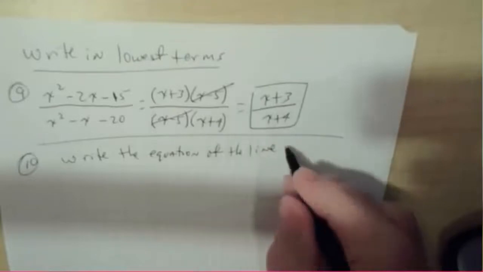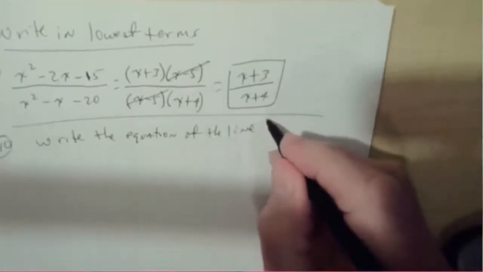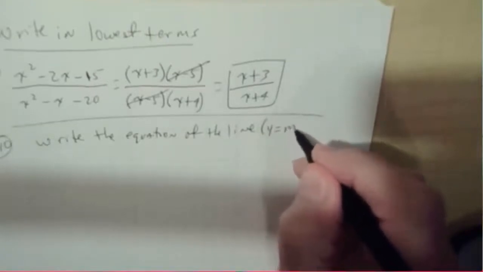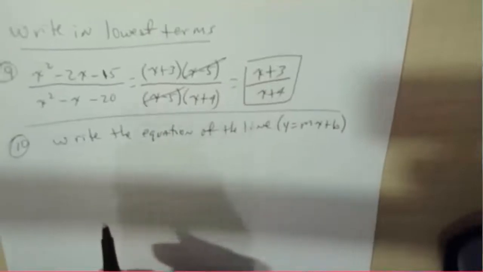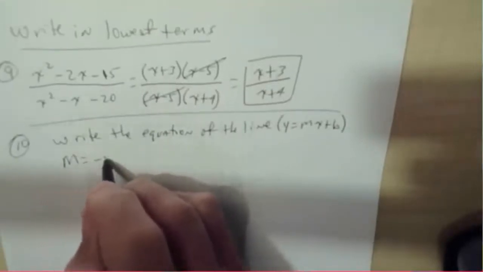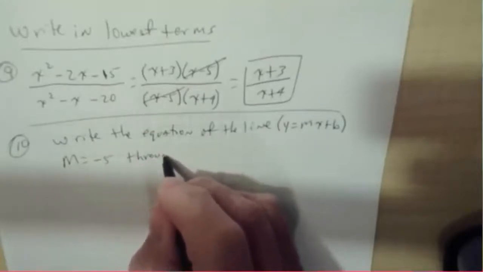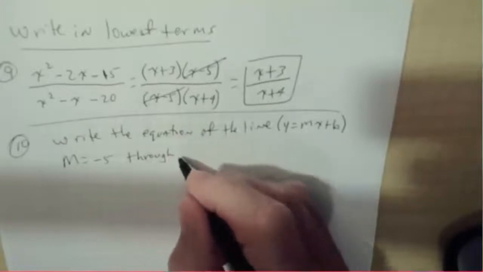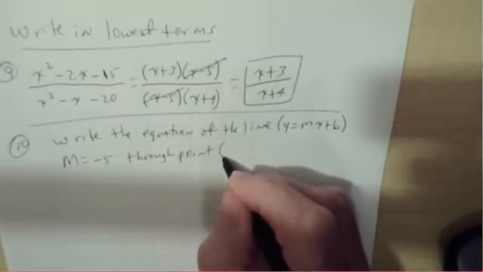And the equation of the line is in the form y equals mx plus b. Okay, if you're given that the slope is negative 5 through the point 2, 4.